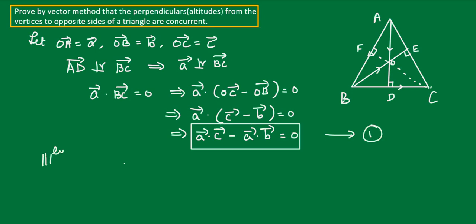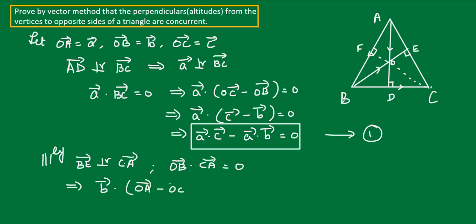Similarly, we can say that B vector, directed from O, is perpendicular to the base CA. So OB vector dot CA vector, being perpendicular, the dot product is equal to 0, which gives us B vector dot CA vector, which can be written as OA vector minus OC vector, is equal to 0.